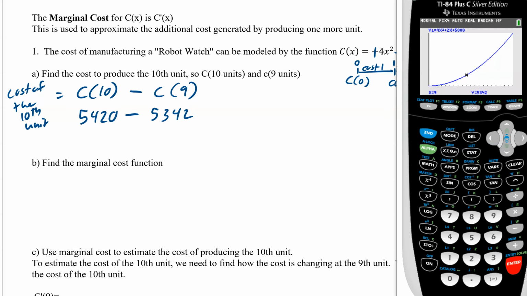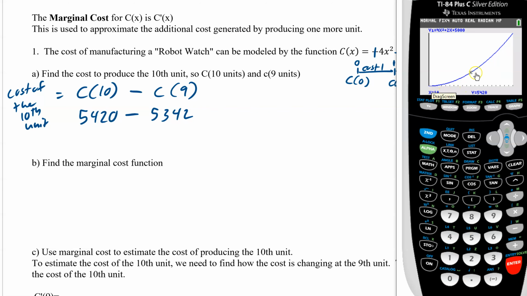And so looking at the calculator also tells you everything. So that is all of the costs in here to create it. So that's first cost, second cost, third cost. It's the difference between each of these that's telling us the cost of each unit. So from here to here, that's the total cost of 9 units. That's the total cost to make 10 units.